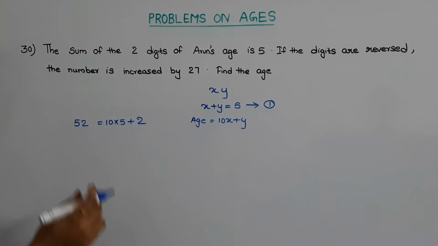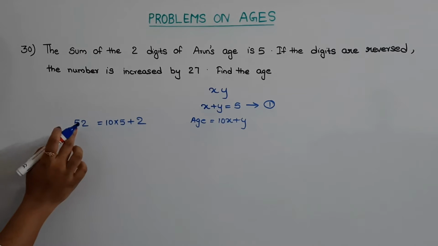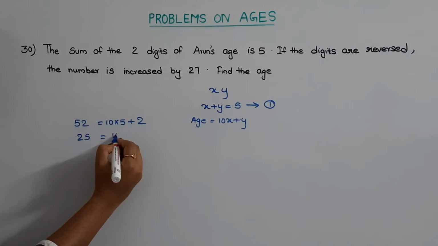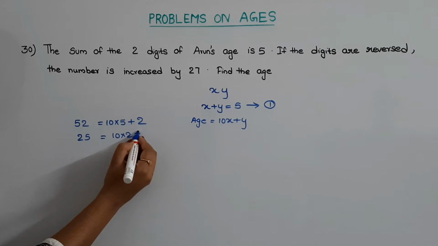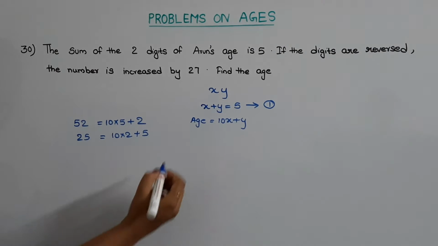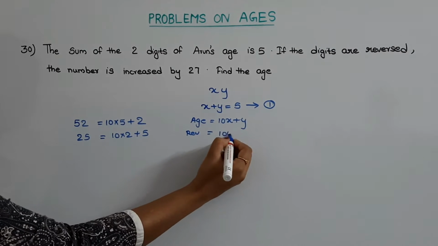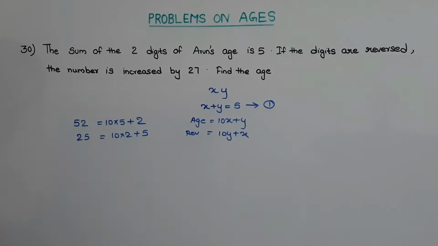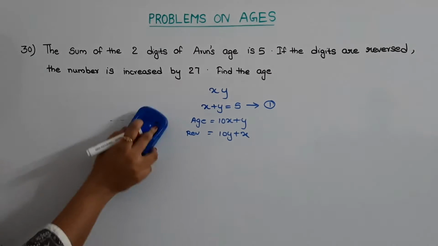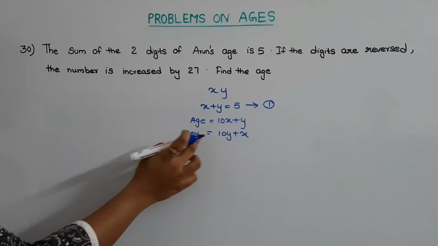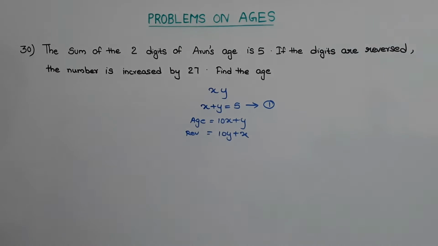Now if the digits are reversed, this will become 25, so we can write this as 10 into 2 plus 5. So when the digits are reversed, we can write this as 10y plus x. So the age of the person is 10x plus y, and after reversing it can be written as 10y plus x.